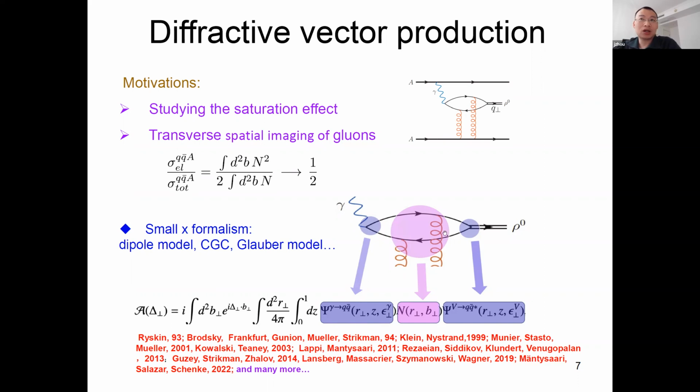The calculation of diffractive vector meson photoproduction was formulated in the dipole model a long time ago. The scattering amplitude consists of three parts: the quasi-real photon wave function, the dipole scattering amplitude, which is related to the Coulomb distribution, and the vector meson wave function. For coherent scattering, one should sum up the dipole scattering amplitude for each nucleon inside the nucleus before squaring the total amplitude.